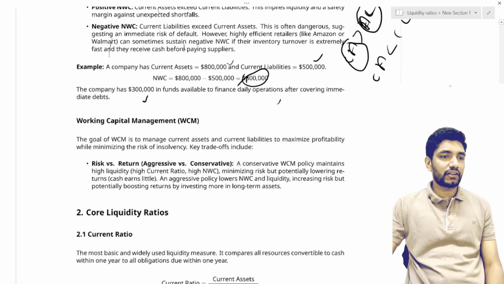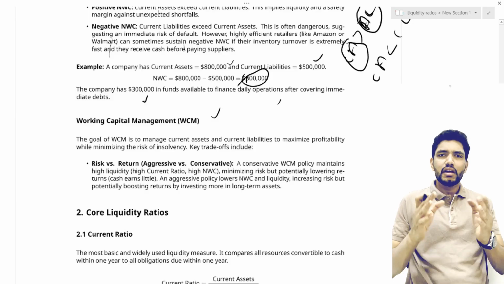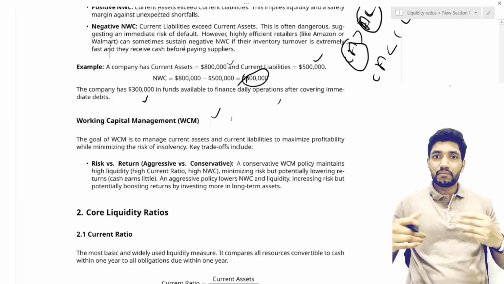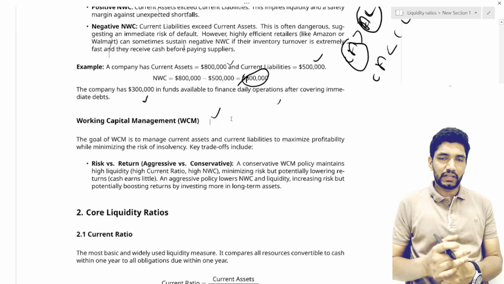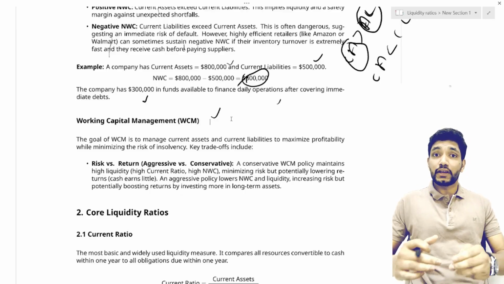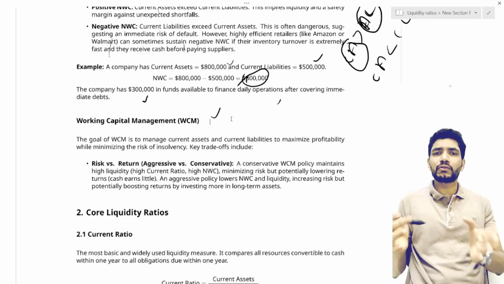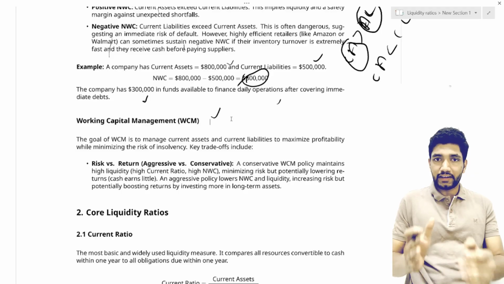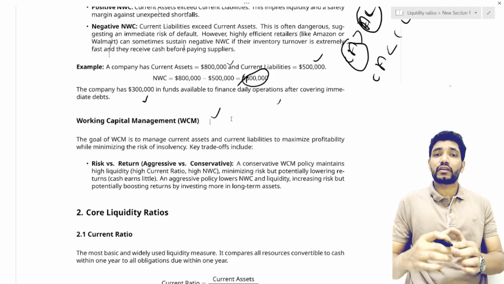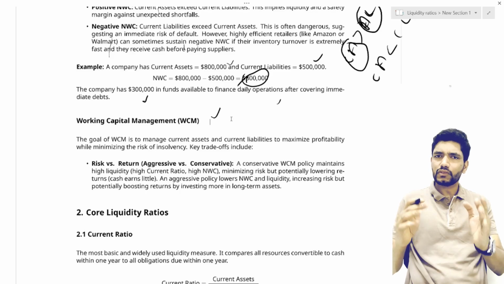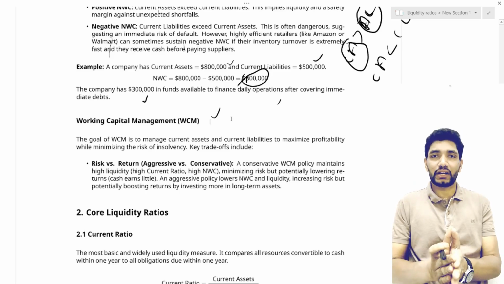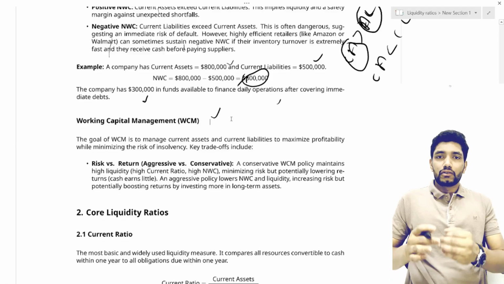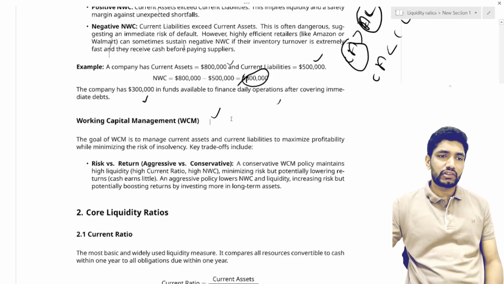Again, working capital management is an important task in financial management. If we inflate our working capital, obviously our working capital cost will be higher. Again, if our working capital becomes negative, it's dangerous as well. So we have to keep an optimum level of working capital to manage both things.